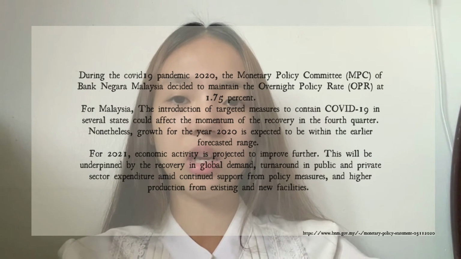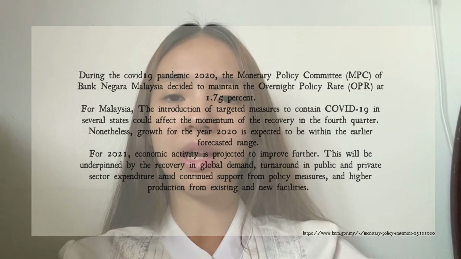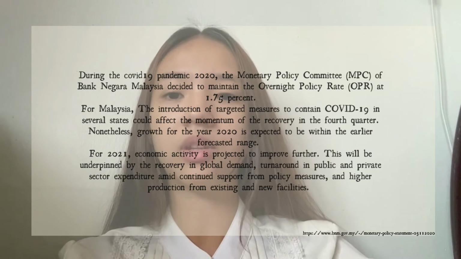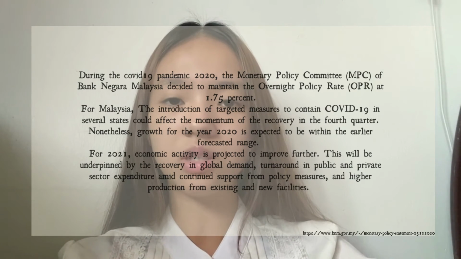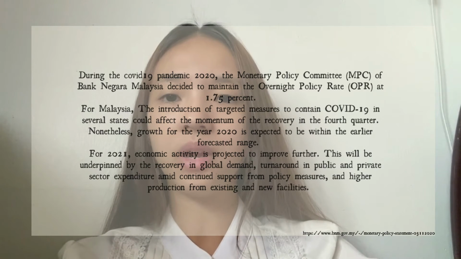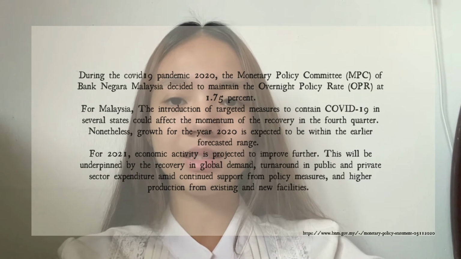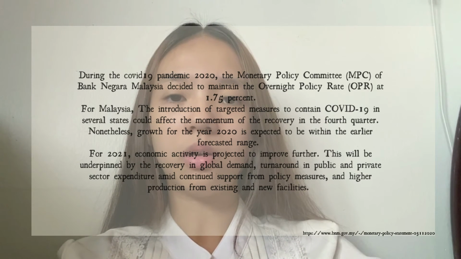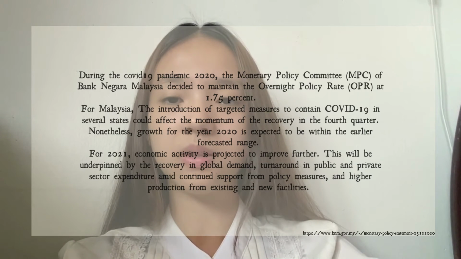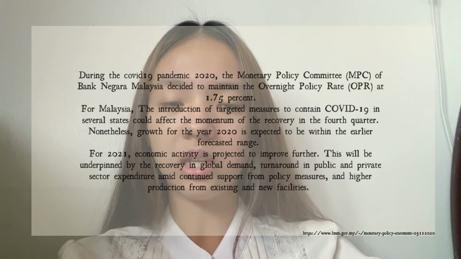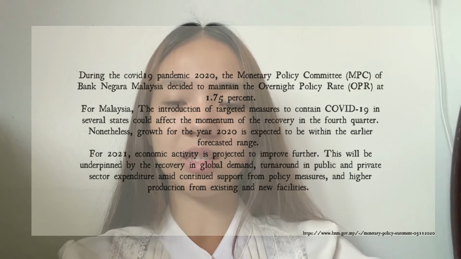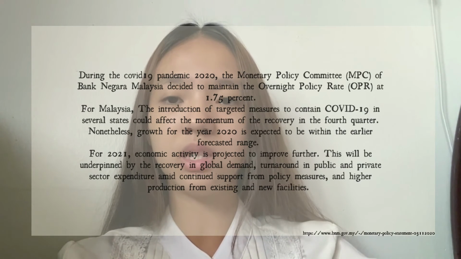For Malaysia, the introduction of targeted measures to contain COVID-19 in several states could affect the momentum of the recovery in the third quarter. Nonetheless, growth for the year 2020 is expected to be within the earlier forecasted range. For 2021, economic activity is projected to improve further.